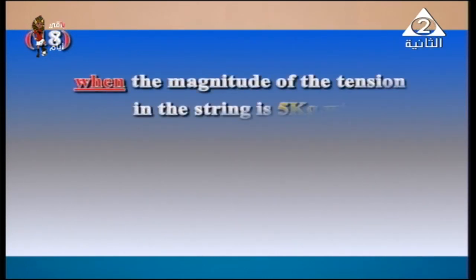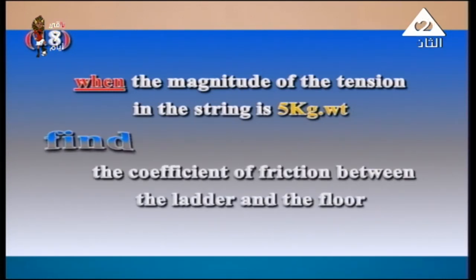When the magnitude of the tension in the string is 5 kilogram weight, what is the required? Find the coefficient of friction between the ladder and the floor. My dear student, the required is to find the coefficient of friction between the ladder and the floor.